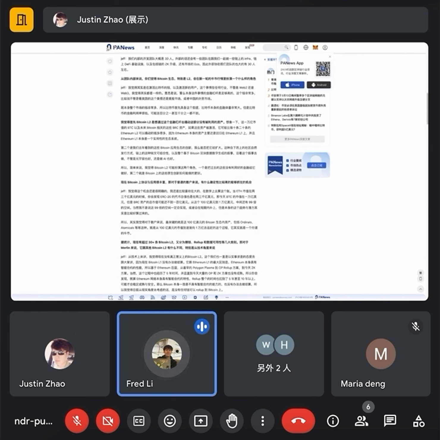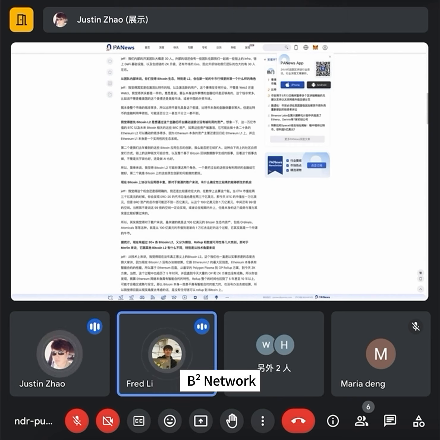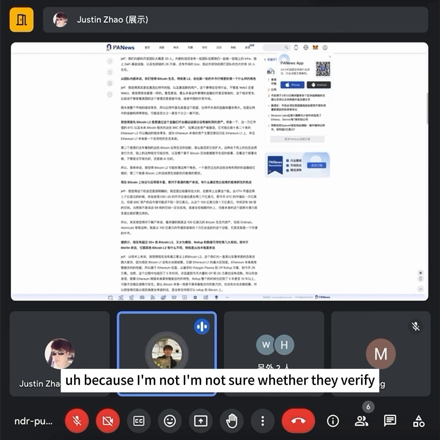And I remember that on the last page you left us a homework, whether B squared is a sidechain or a rollup.